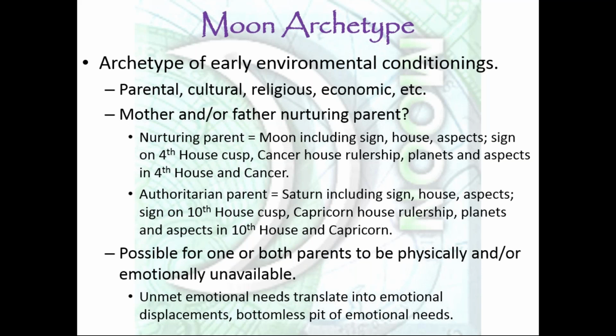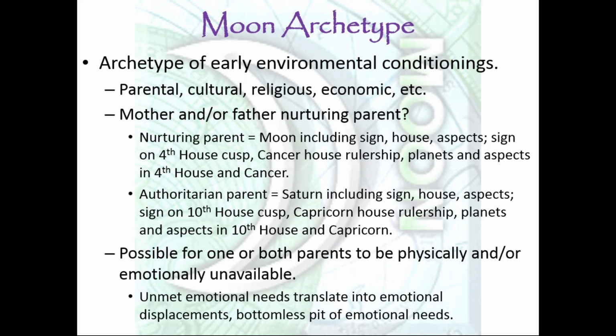It'll be Saturn, wherever it is natally by sign and house and aspects it makes. What sign is on the 10th house cusp? Are there planets in the 10th house? Do they make aspects? What house or houses does Capricorn rule? Are there planets in Capricorn? Do they make aspects?